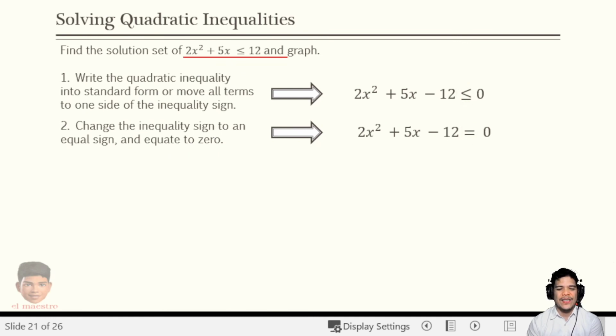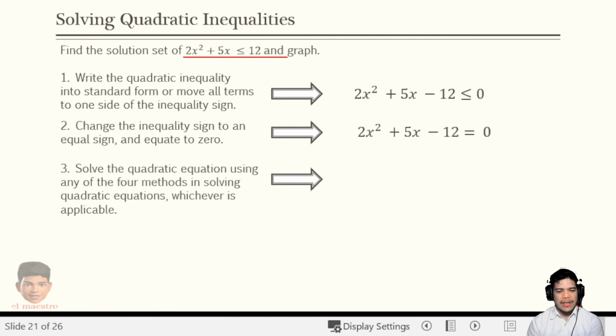Okay? So, solve. This time, diretso tayo sa factoring. Mas madali kasi yung factoring, especially pag master mo na yun. Okay? Medyo mas mahaba yung quadratic formula. Pero if you're used ka na magamit yung quadratic formula, pwede pa rin naman. Okay? So, you factor, these are the factors equal to 0. Equate each factor equal to 0.